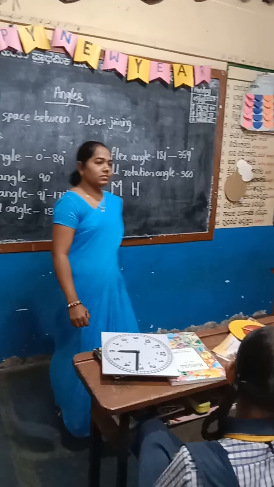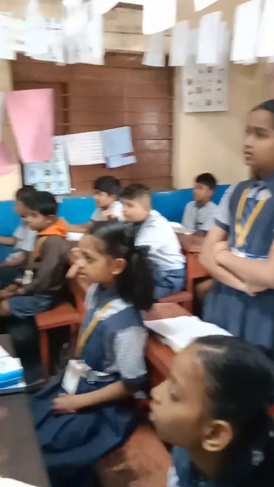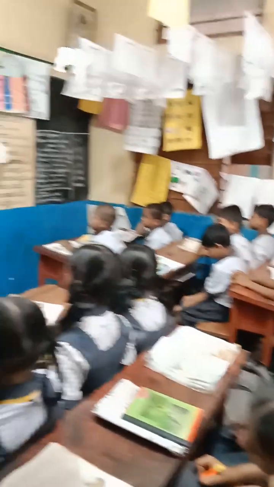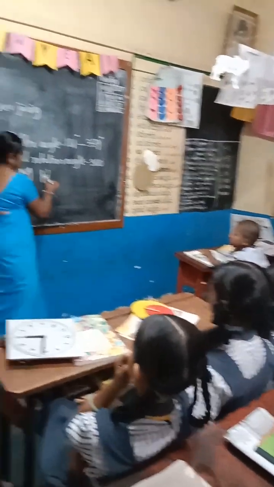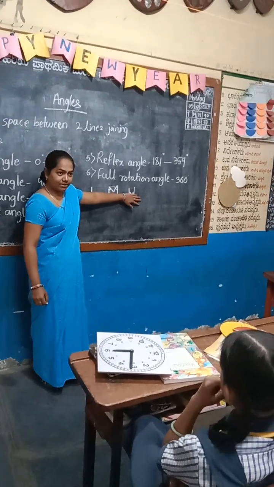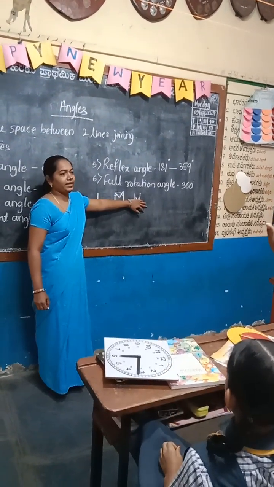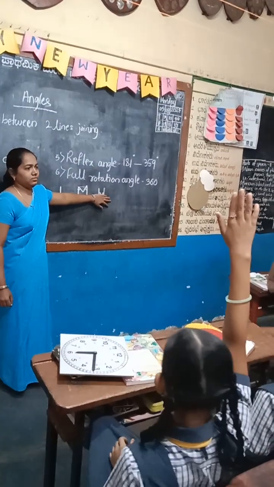Ikra, what is this letter? H. Here also we find angles. Here it is the angle, here it is the angle, here it is the angle. So only the upper side angle is there. Which type of angle is it? Mira, stand.